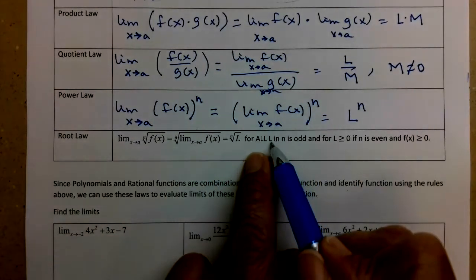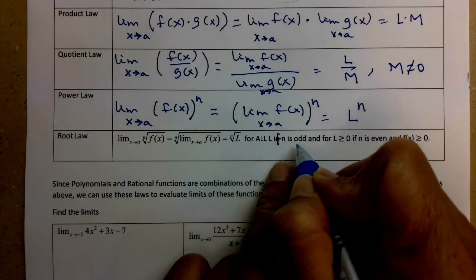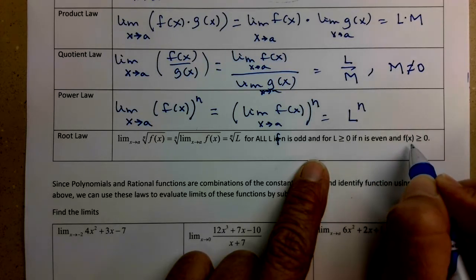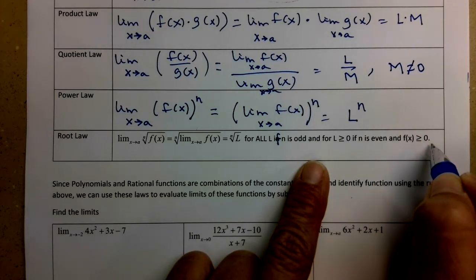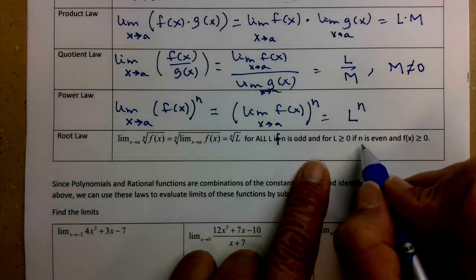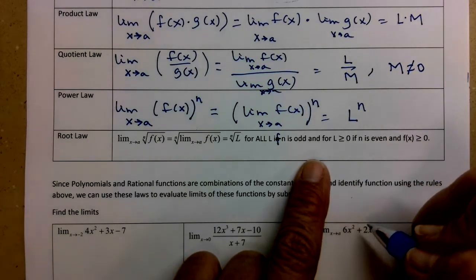This is true for all L if n is odd, and for L greater than or equal to 0 if n is even, and f of x greater than or equal to 0. So just some caveats: we only take even roots of non-negative numbers.